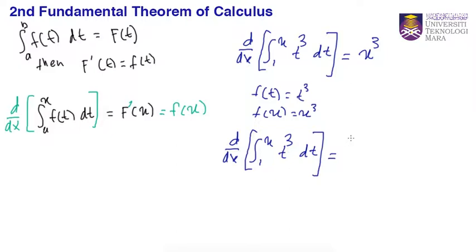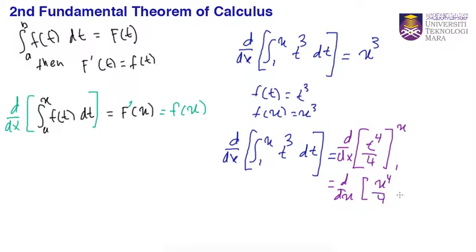Okay, now let's do it one by one, which is we integrate this function here first. When you integrate t cubed with respect to t, by using the first fundamental theorem of calculus, we will get t to the power of 4 over 4 from 1 until x. And then substitute the limit, and we will get x to the power of 4 over 4 minus 1 over 4.